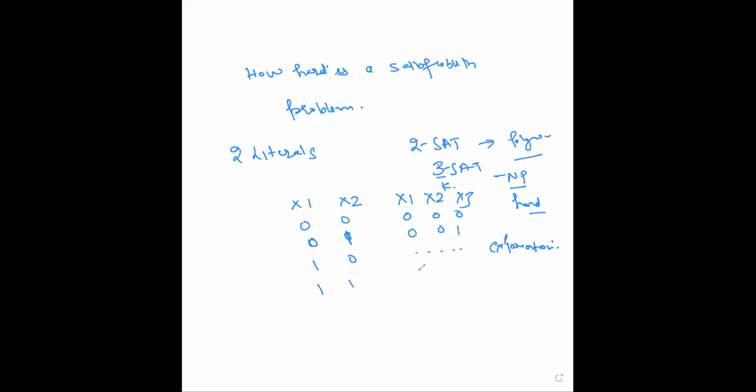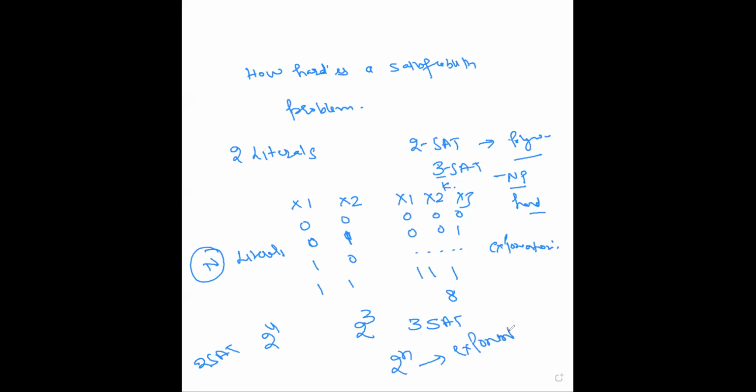The total number of possible combinations is 8. How do we know? That is 2 power 3. This is for the 3-SAT problem. For 2-SAT, it is 2 power 2. And for a problem with n literals, that will be 2 power n, which makes it an exponential problem.